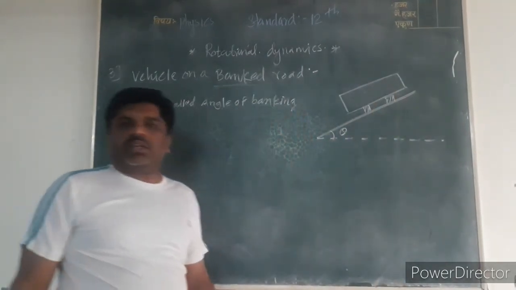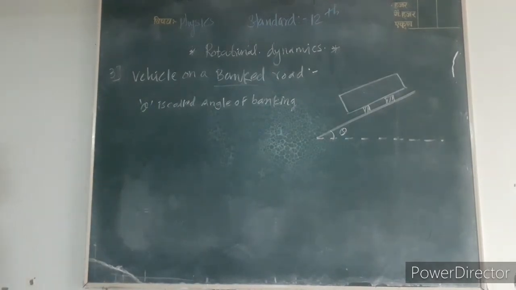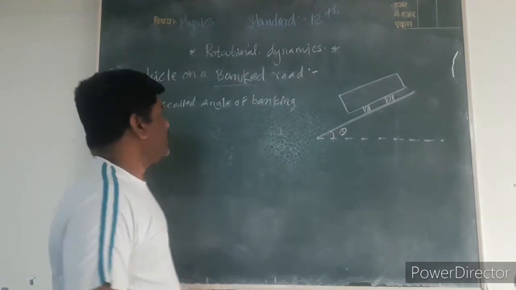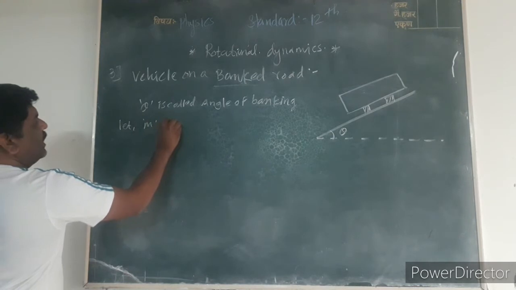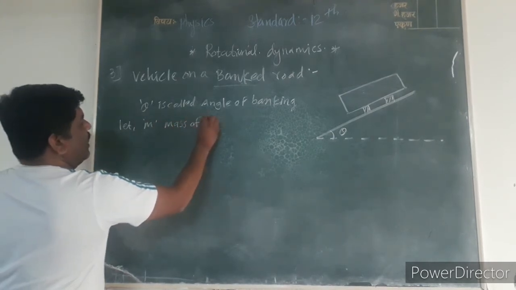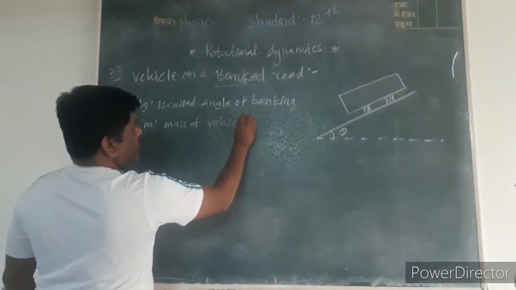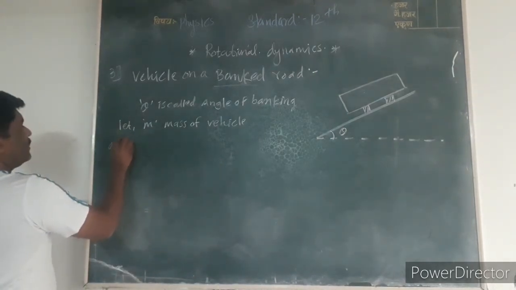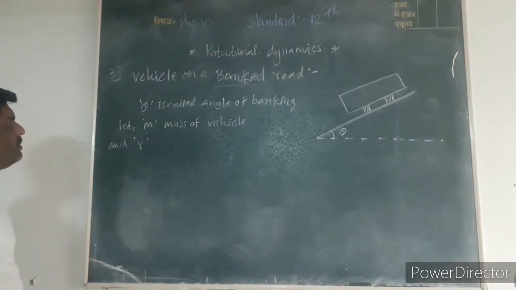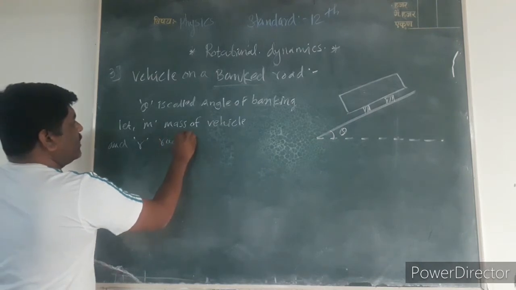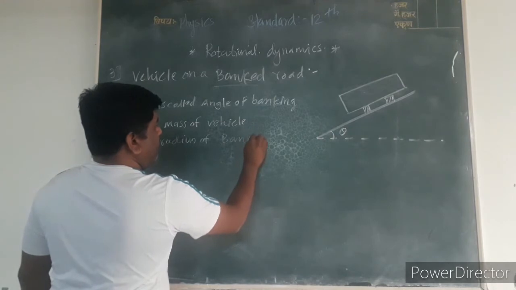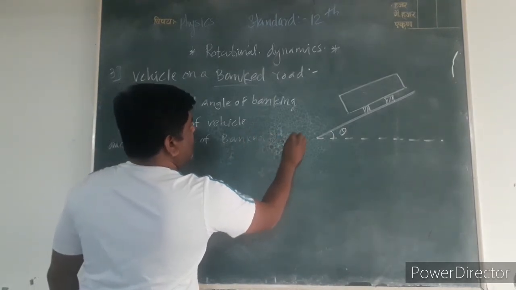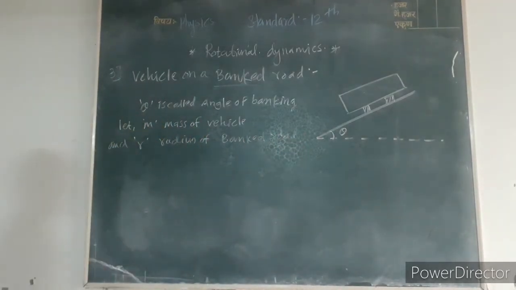Now in such a situation there are some forces acting on that vehicle. Let M be the mass of the vehicle and small r be the radius of the banked road or curved road.